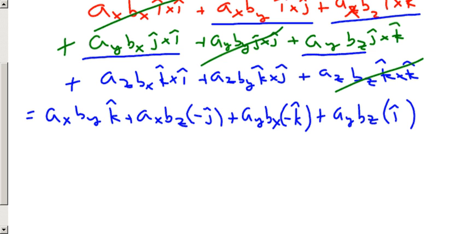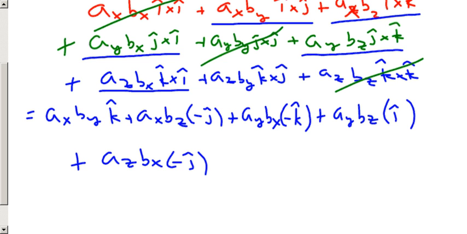So now we've done that one. So plus AZ BX, K cross I is negative J, plus AZ BY, and K cross J is negative I.